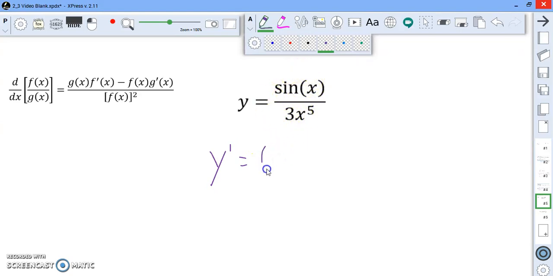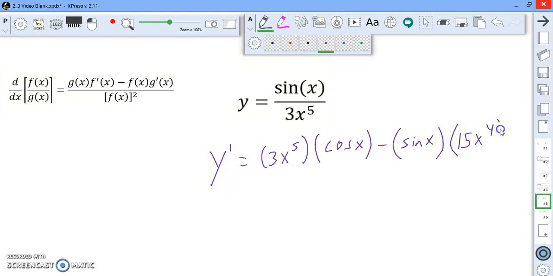Derivative of the quotient is going to be low d high, derivative of sine is cosine, minus high d low, all over low squared. The things I say d, I'm talking about derivative. Without it, I'm just talking about the numerator denominator. Low, d high, minus high, d low, over low squared.